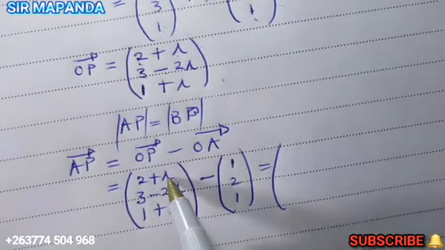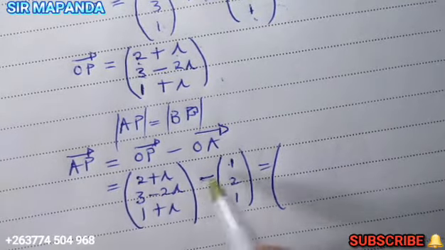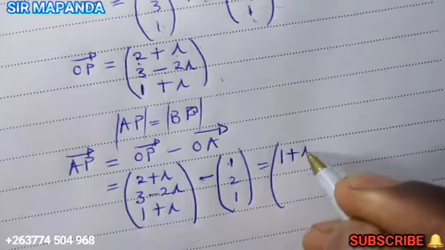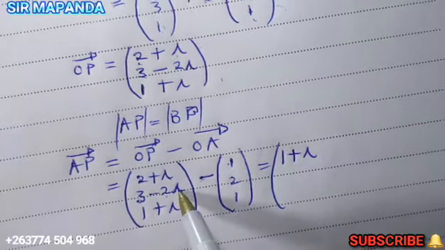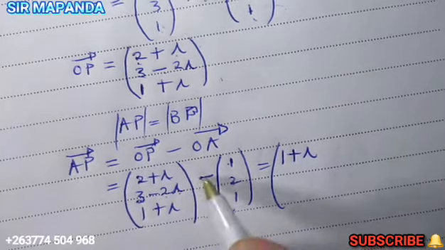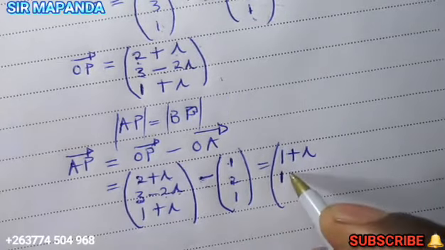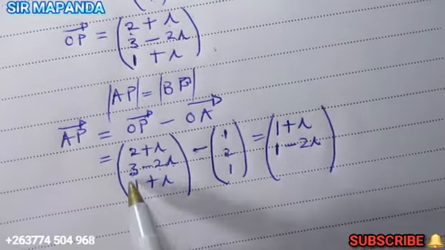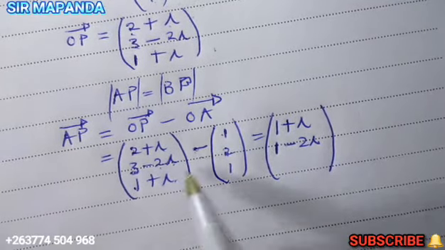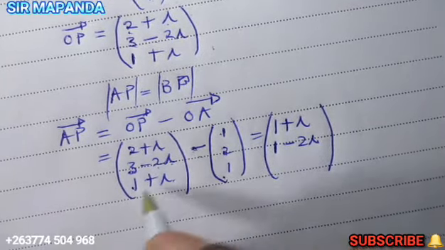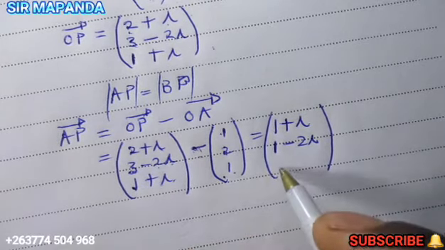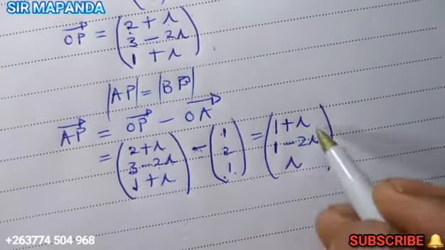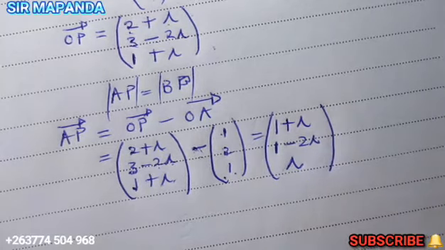So 2 plus lambda minus 1, you get 1 plus lambda. 3 minus 2 lambda minus 2, you get 1 minus 2 lambda. I hope you are following. Then 1 plus lambda minus 1, you get 0, so you'll be left with lambda. So this is AP for you, right?